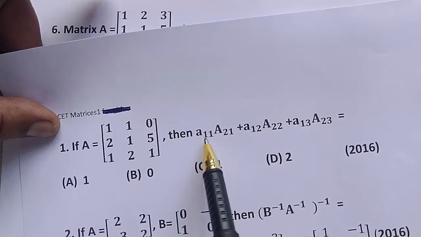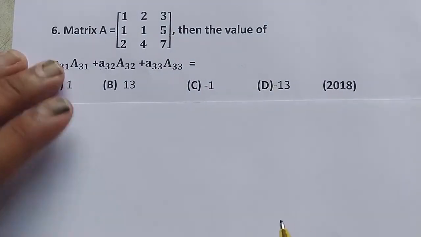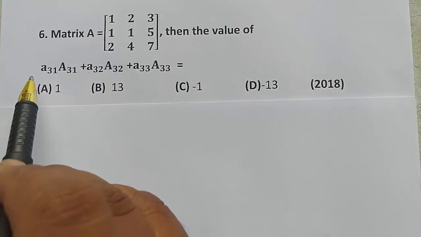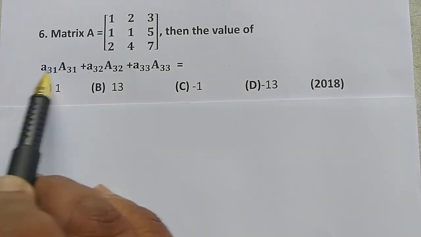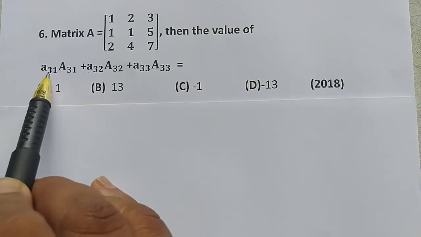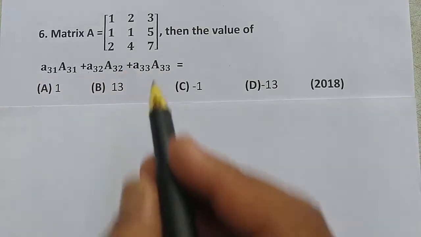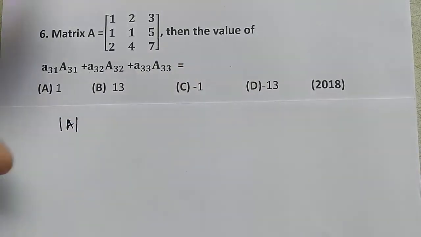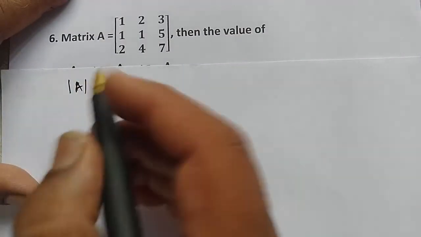And if the suffixes of small a and capital A are the same, then its value is the determinant of A. Now in this case the suffixes of a and capital A are the same, that is 31, 31; 32, 32; 33, 33, and therefore its value is the determinant of A. So we evaluate the determinant of the given matrix.